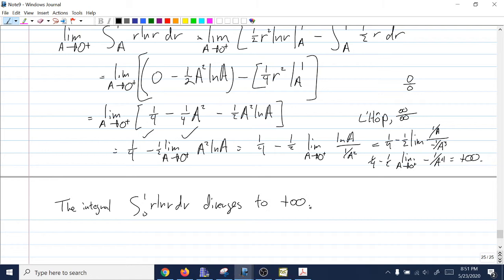Is it plus infinity? It should be minus infinity. Why is it not negative?